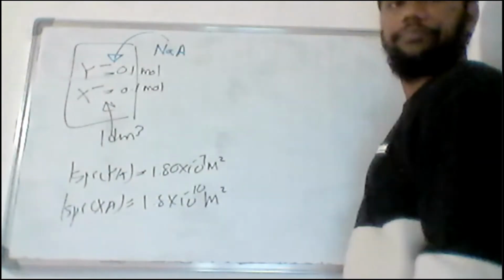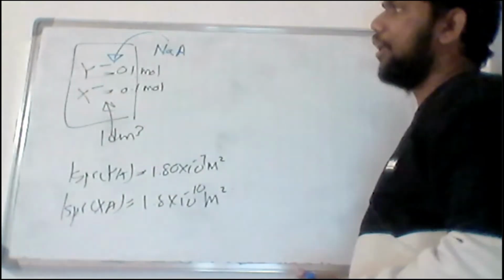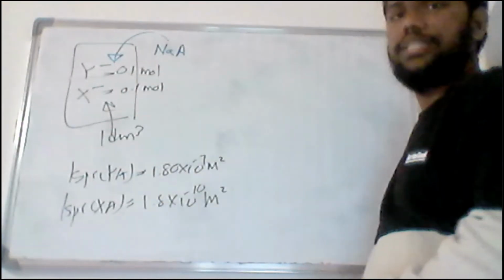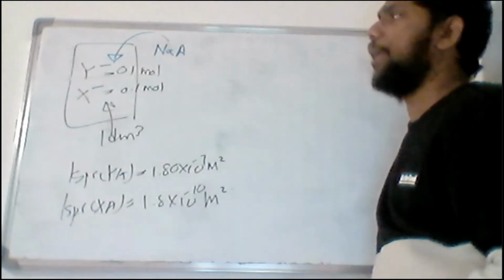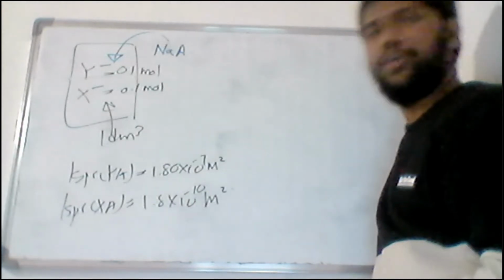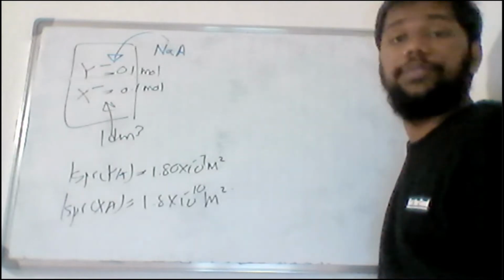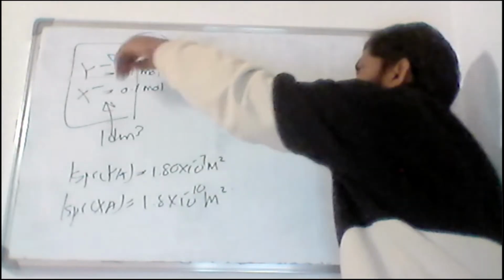When they add NaA, since you know the amounts of these ions and the volume is 1 decimeter cubed, the concentration is 0.1 M for X plus and Y plus. They ask which one precipitates first, so you add A minus.